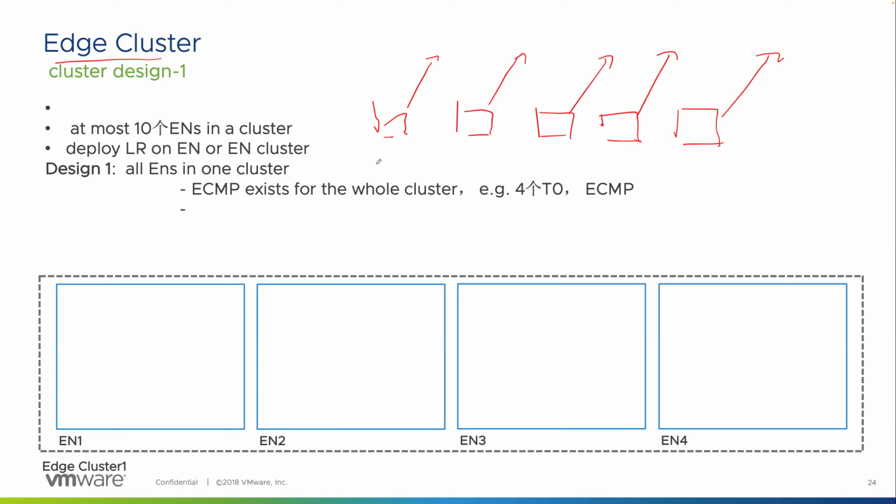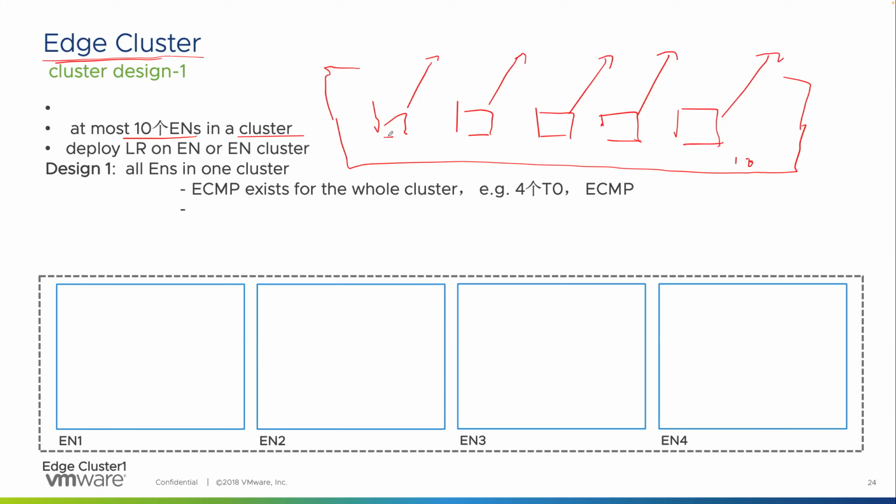There is also a structure called the edge cluster. We can put at most 10 edge nodes in a cluster, so in this cluster you control the whole edge node function, like an aggregation concept for the edge nodes.